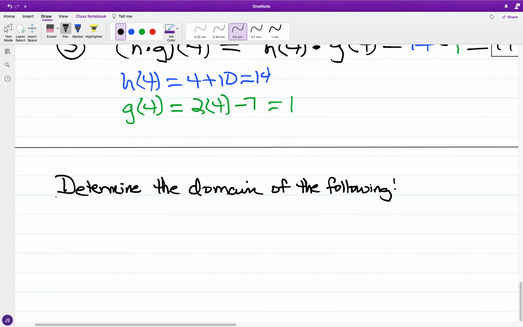Okay, so we start out with f of x, we'll say, is equal to 3 over x plus 4.